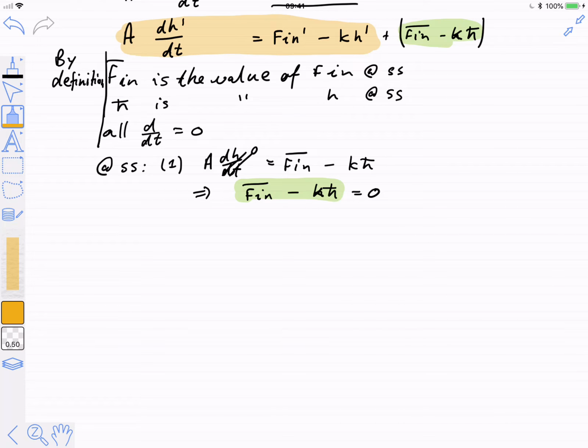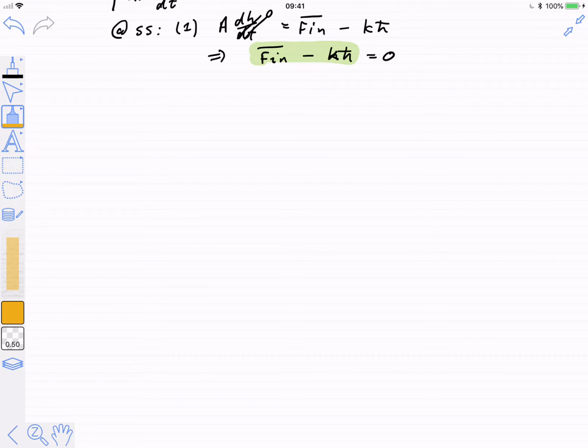And I will approach this now differently from the way that we did it when we used SymPy. We won't use integrating factors or known solutions of first-order differential equations or anything like that. We will proceed by using the Laplace transform.